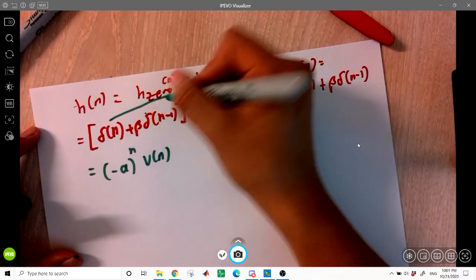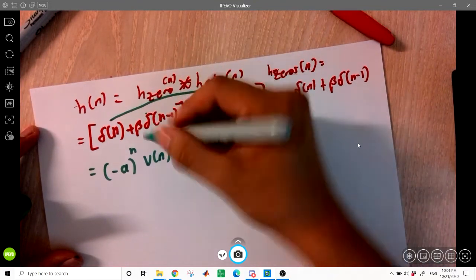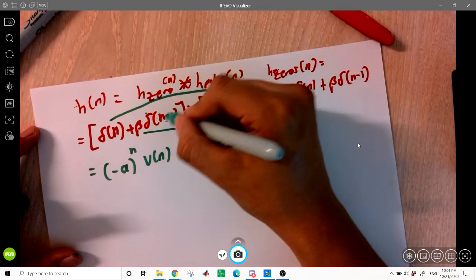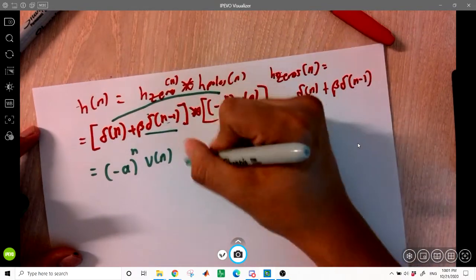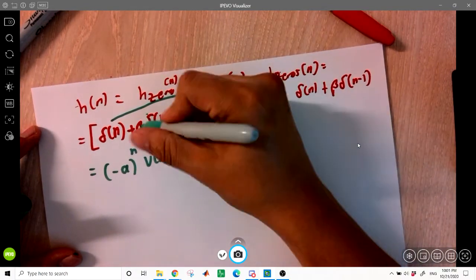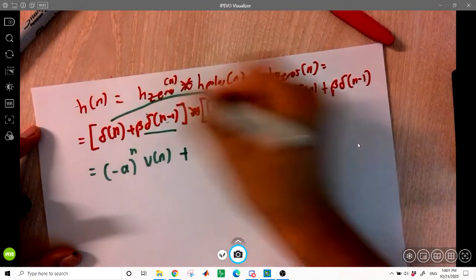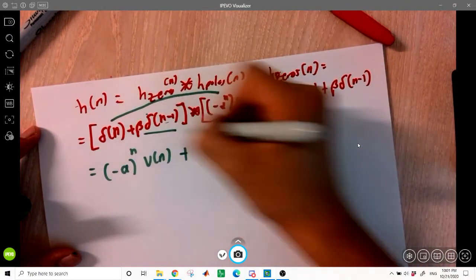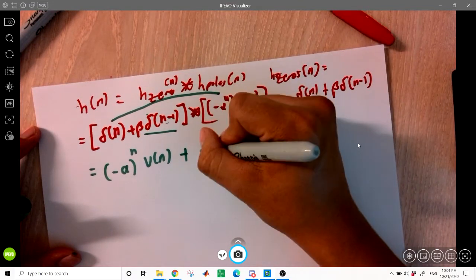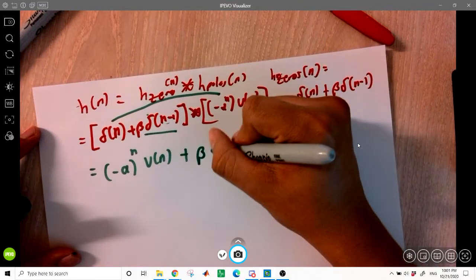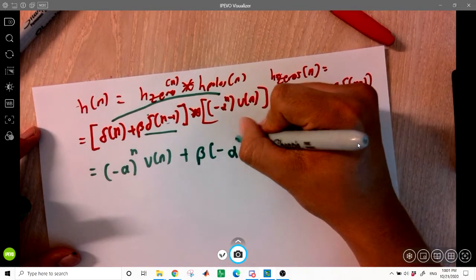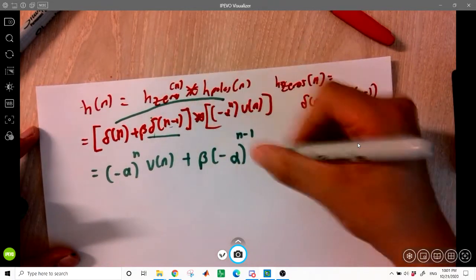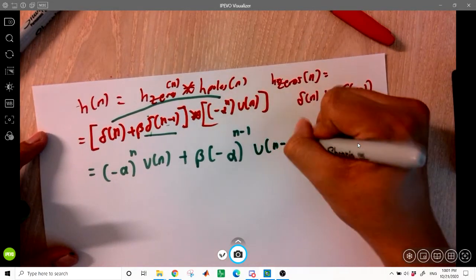Now we're going to convolve this one. What happens when we convolve this delta function with anything? We get the anything, however at time n minus 1, times a little beta factor. So let's do plus, because we are multiplying this into different terms: beta, the beta term, then minus alpha to the n minus 1, because we have this pesky little n minus 1 right there, u of n minus 1.